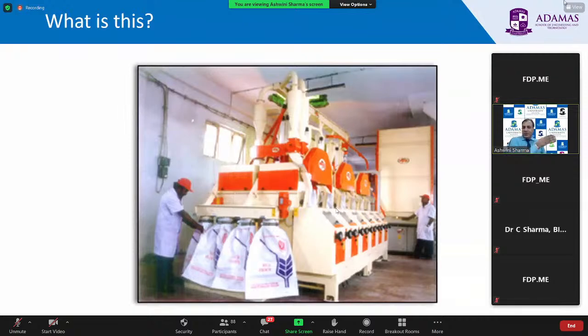So what we have seen till now is a number of devices or equipment, basically, which are used for the same purpose but at different times.